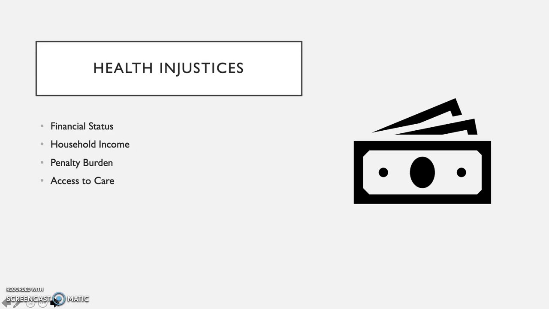And I think all of those relate to the overall access to care. And when your access to care is limited due to those financial burdens, then a health injustice is present.